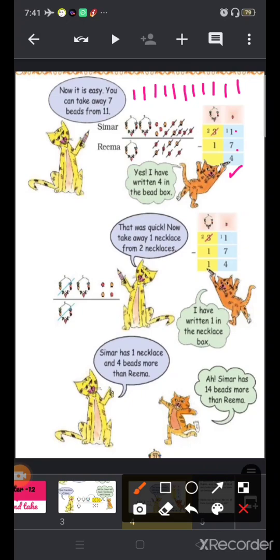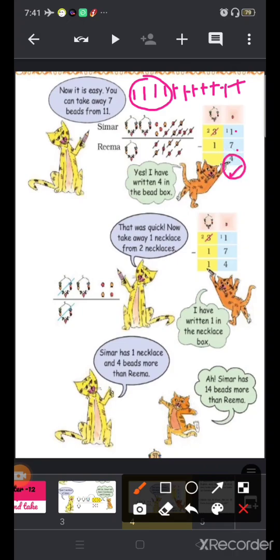Now we'll cut 7 beads. 1, 2, 3, 4, 5, 6, 7. Now how many beads are remaining? 4 beads. So what will we write here? 4. It is already written here.